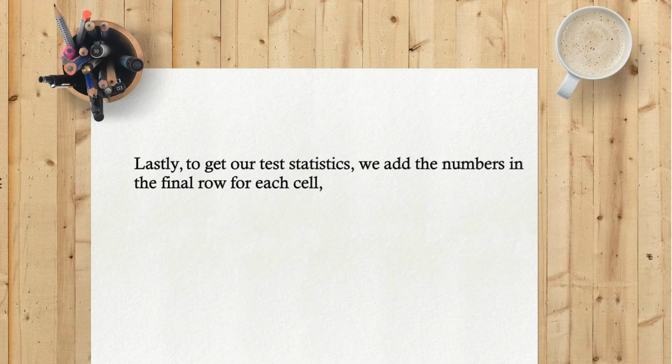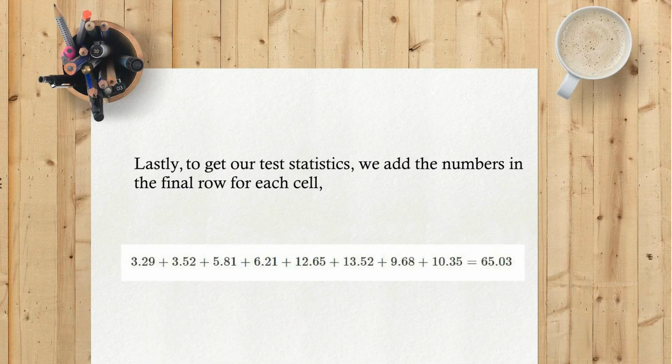Lastly, to get our test statistic, we add the numbers in the final row for each cell. 3.29 plus 3.52 plus 5.81 plus 6.21 plus 12.65 plus 13.52 plus 9.68 plus 10.35 equals 65.03.